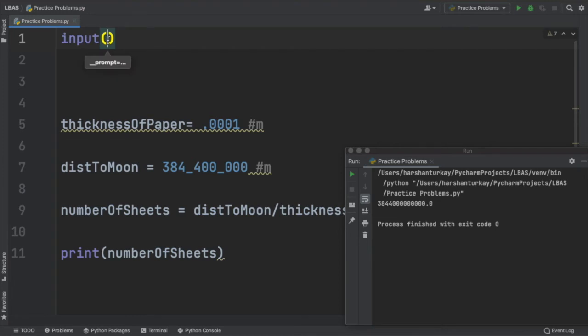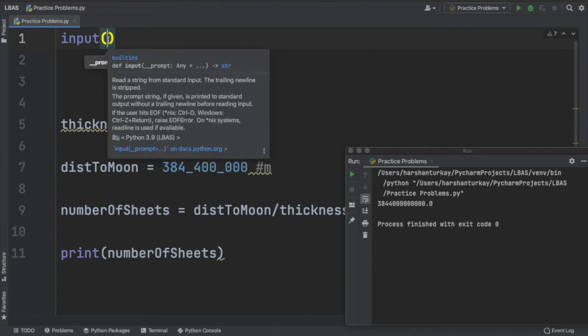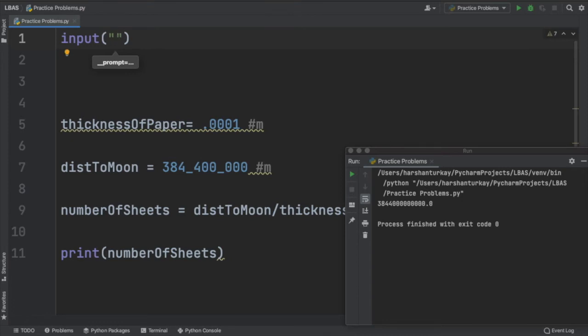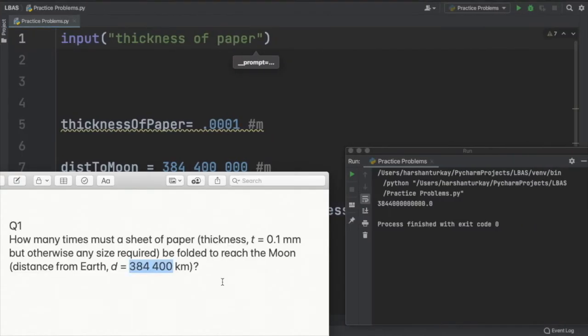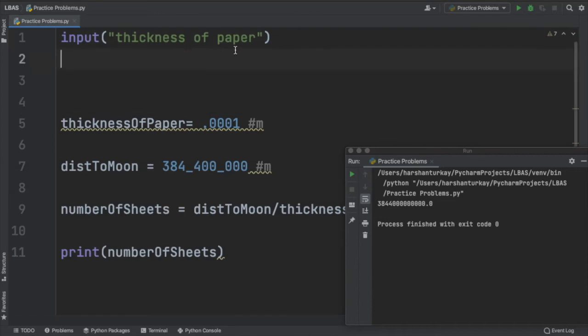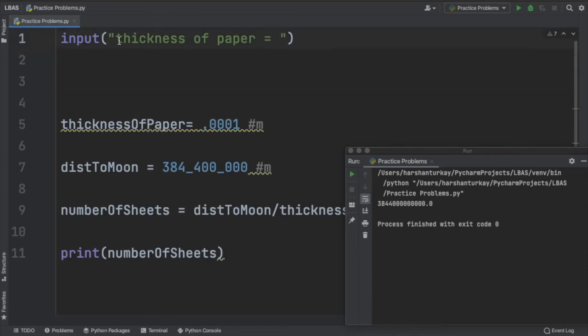So you're supposed to put in the prompt that you're going to ask. Thickness of paper. Let's just say enter the thickness of paper.